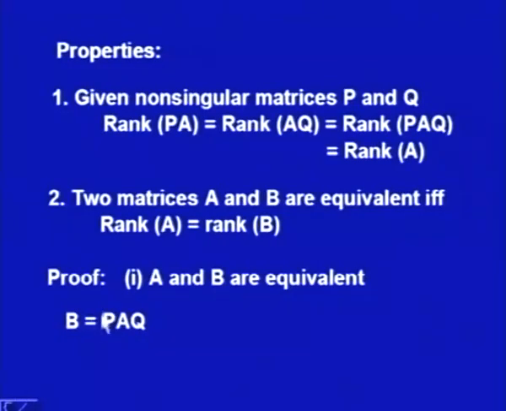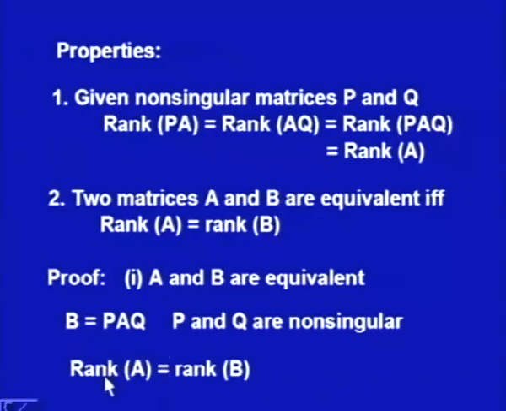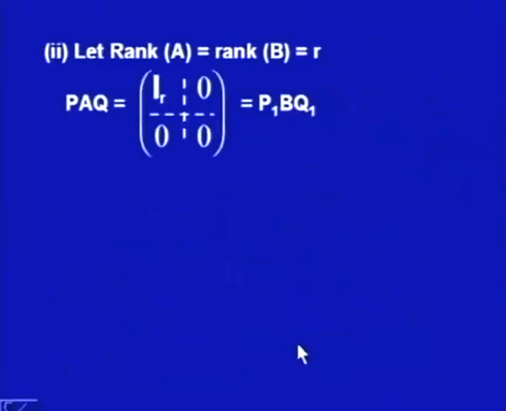That means there is a set of elementary transformations which can be applied to A that will give me B. So, the two matrices are equivalent if B is equal to PAQ, where P and Q are non-singular. Then rank of A is equal to rank of B, because P and Q are non-singular.